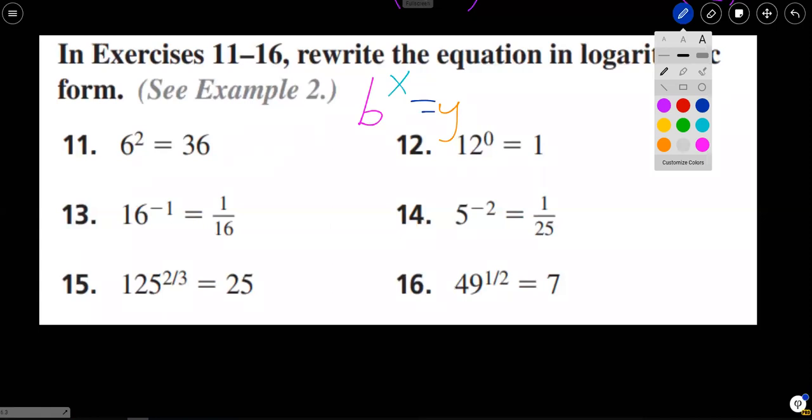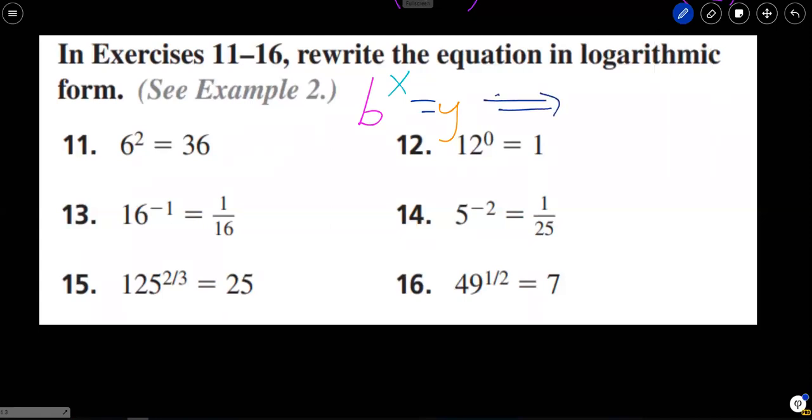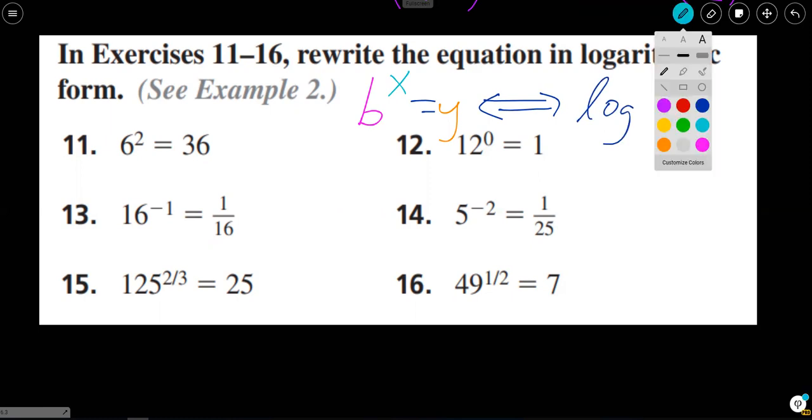And that's equivalent to log base b of y equals x. So I'm just converting from exponential form to logarithmic form.